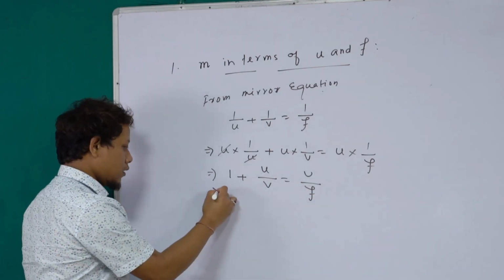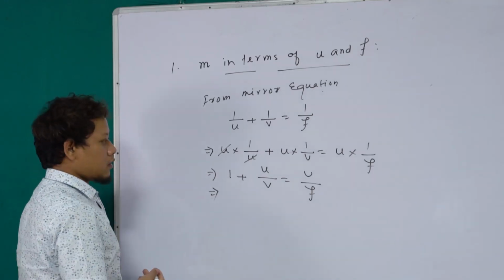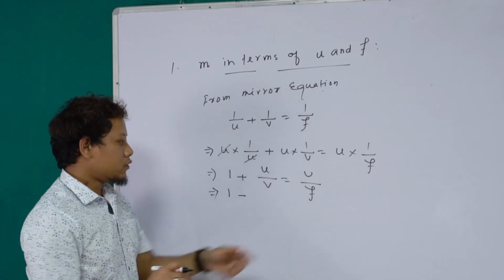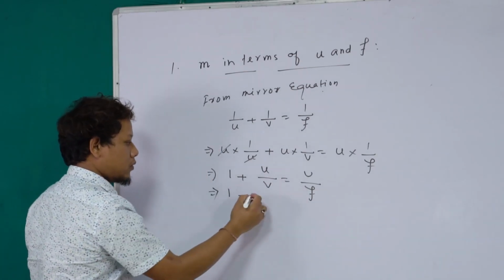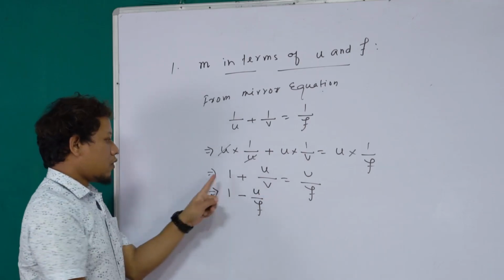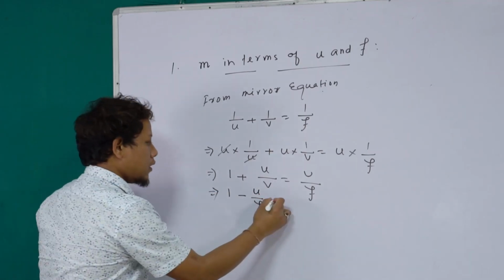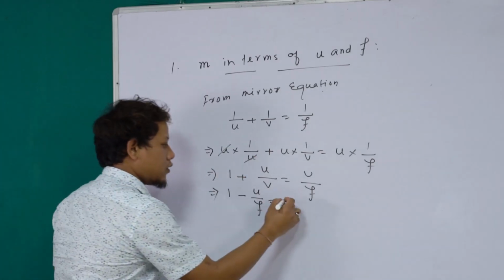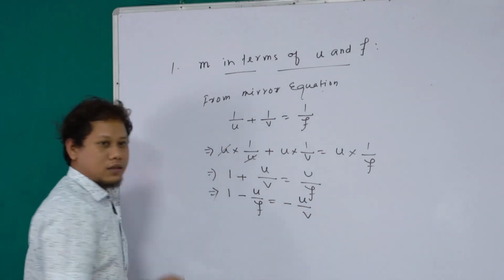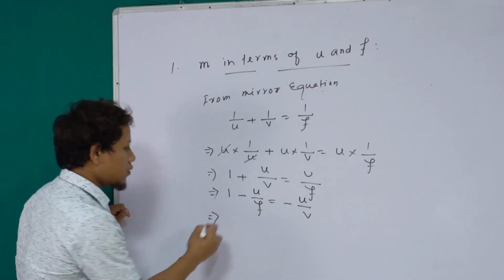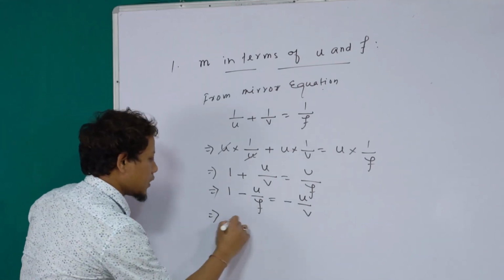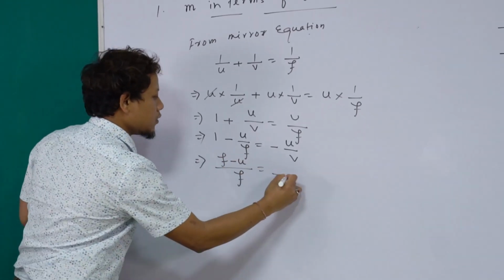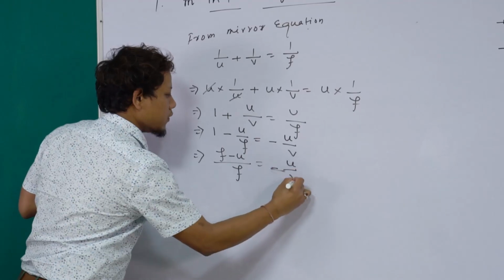It's a simple mathematical calculation. Now I'll transfer this u/v term to the other side, so it becomes minus. So 1 - u/v... Is it clear? Now let's take LCM on the left hand side. The LCM is f, so we can write (f - u)/f = u/v.